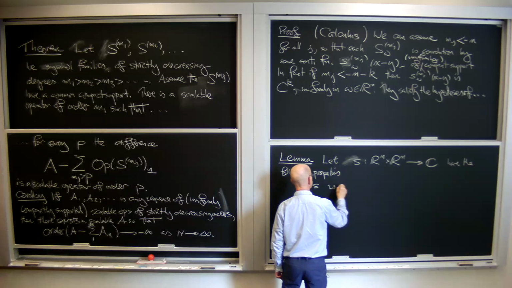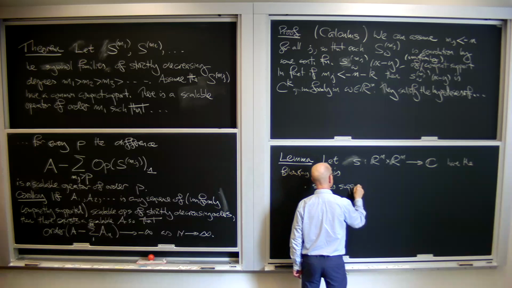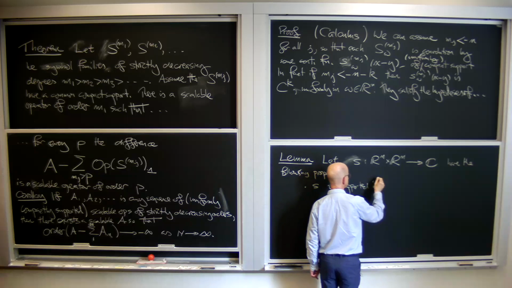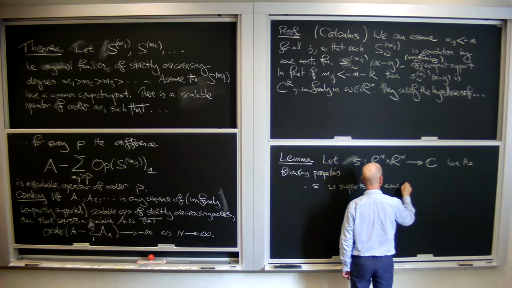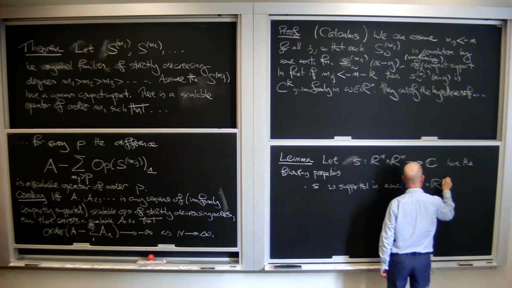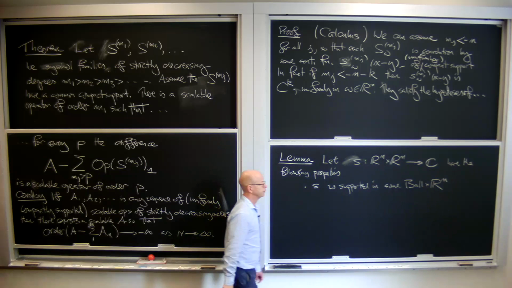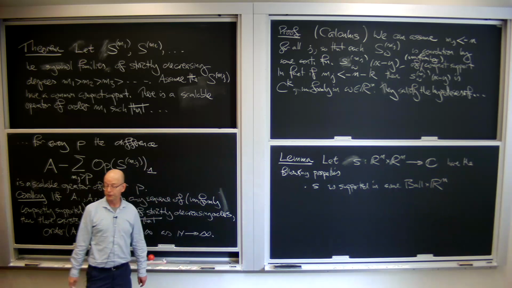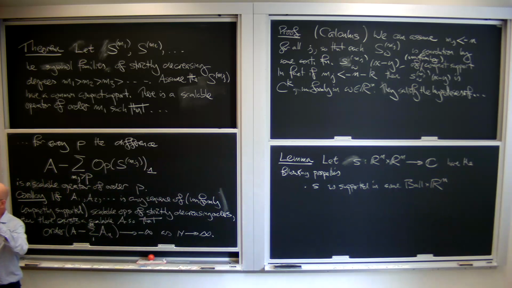First of all, it's supported maybe just in some particular fixed ball, which I will call ball. So ball refers to some particular ball, radius 20, and then in the other variable, for the moment, I don't care.